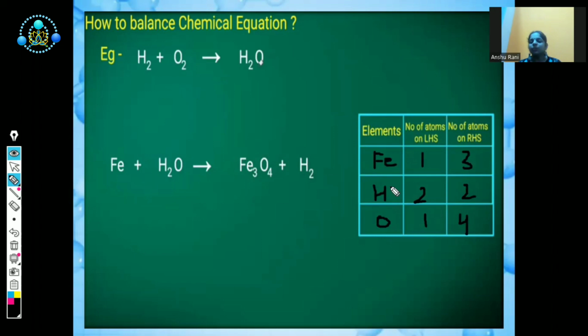So we will start with maximum number of atoms and then we will follow minimum number of atoms. So you are having here oxygen as 4. So we will write here 4 in front of water. After that for iron you can go with 3 atoms of iron. Then this equation is now balanced.